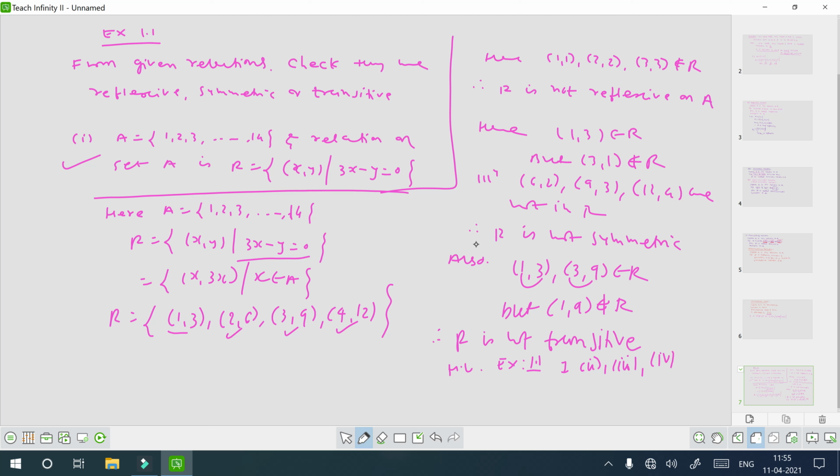Try yourself to check whether symmetric, reflexive or transitivity is there or not. And at the same time try to see illustrations number 1 to 6. Just try. Later on also we are going to see these illustrations.